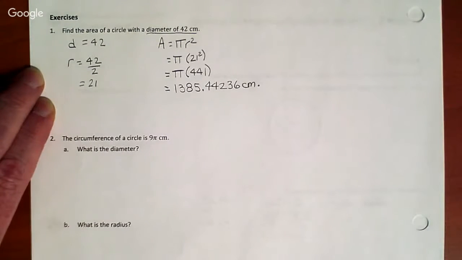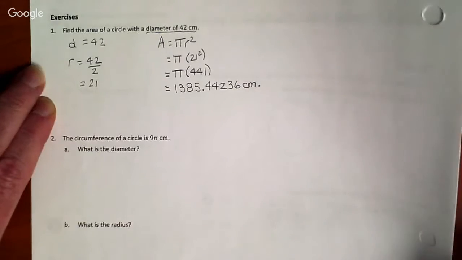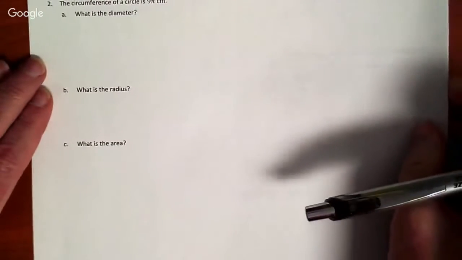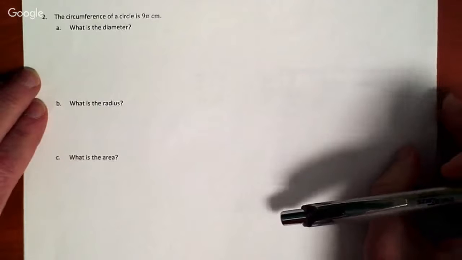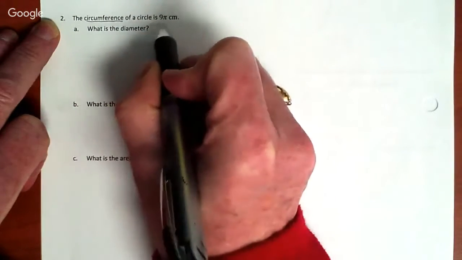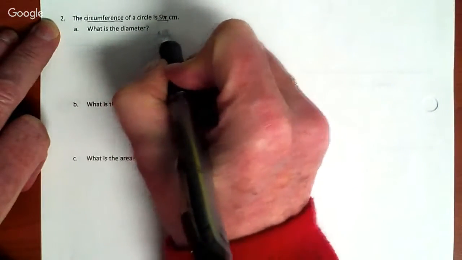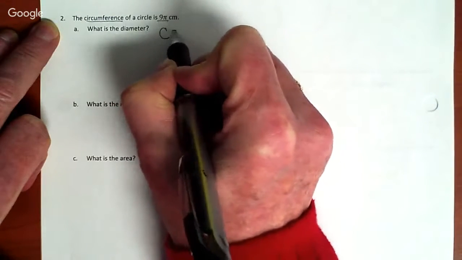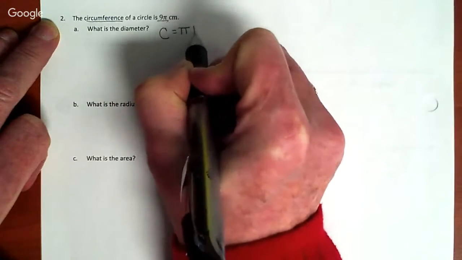For question number 2, we're going to answer A, B, and C. So for 2A, it says the circumference of a circle is 9 pi centimeters. What is the diameter? Well, to find that, remember the circumference is pi d.